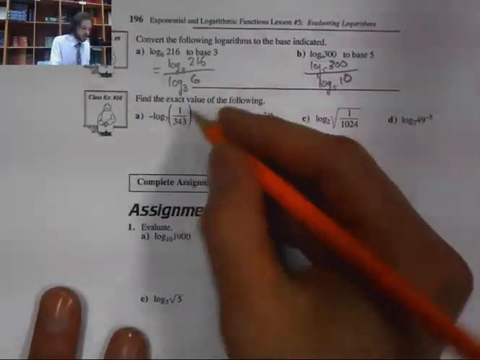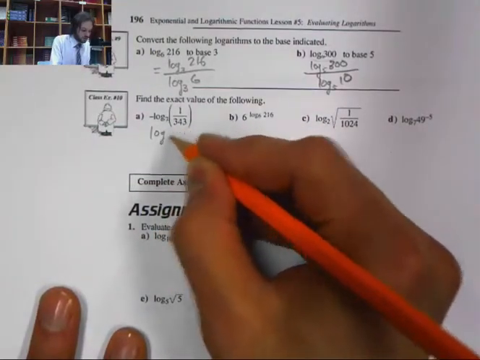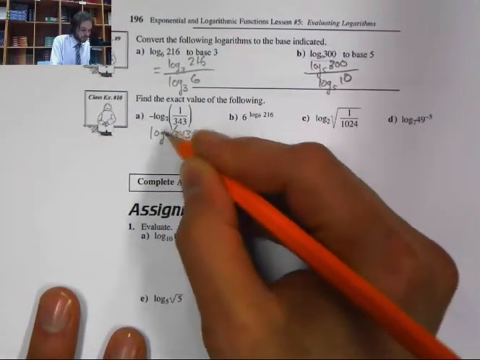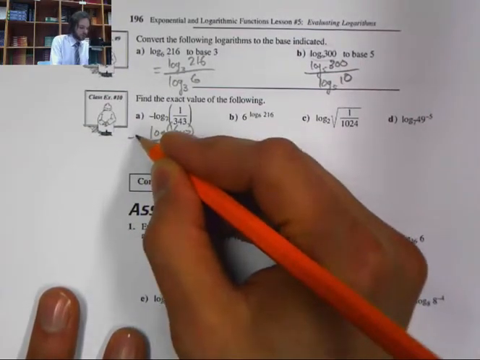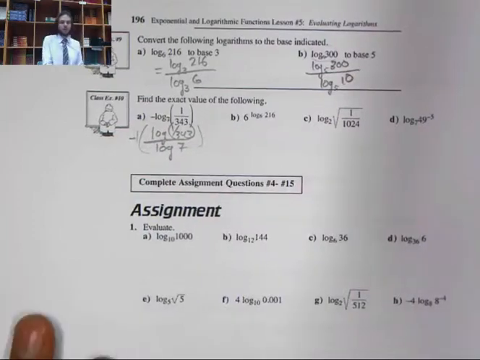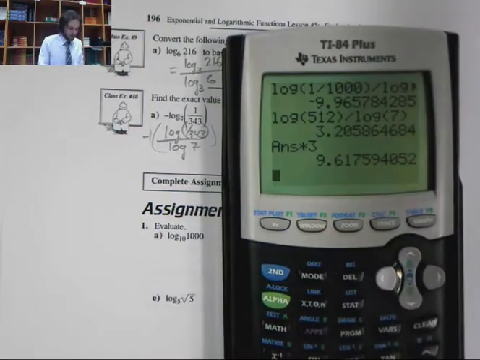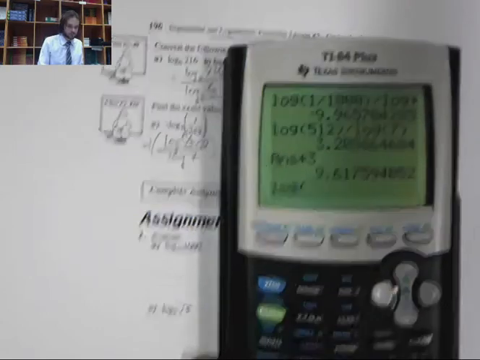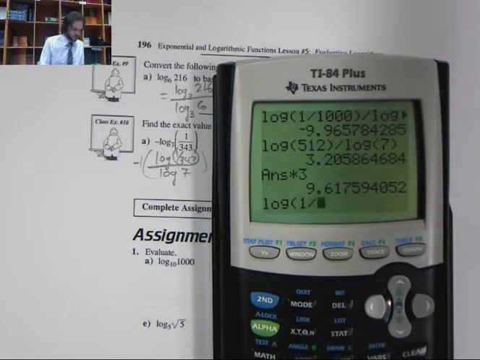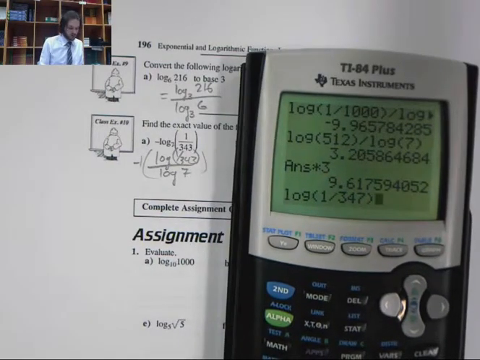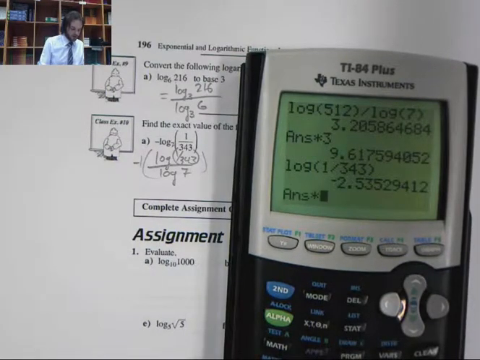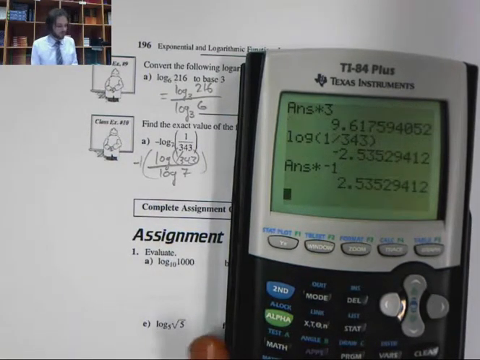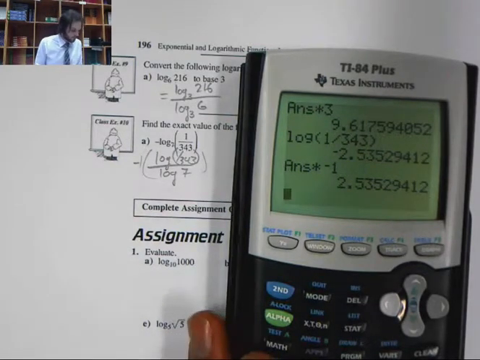So we're in base 10, so I'm going to have to go log 1 over 343 divided by log 7. These are in base 10, and then I have to multiply that all by negative 1. So let's try that. We have log 1 divided by 343, and I push enter, and then we multiply that by negative 1, and that's going to give me 2.53.